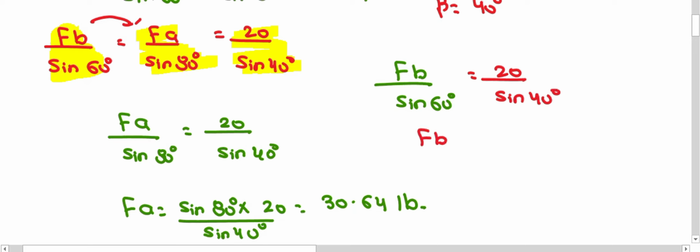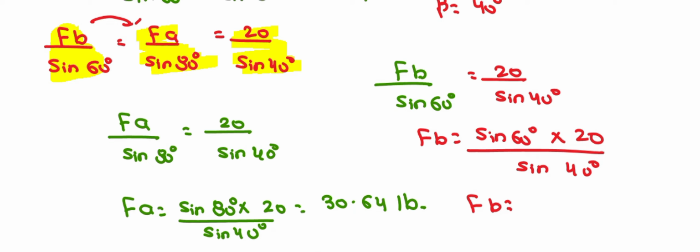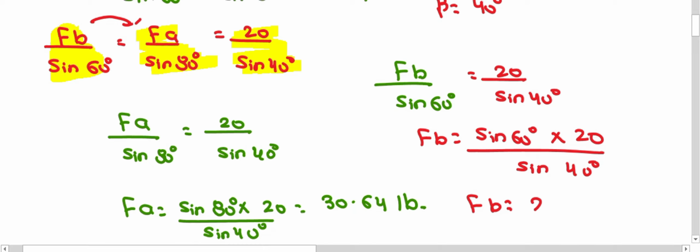So FB equals sine 60 degrees multiplied by 20 upon sine 40 degrees. Sine 60 degrees into 20 gives 10 root 3, and if you divide it by sine 40, you will get 26.94 pounds. So your question has been solved here.